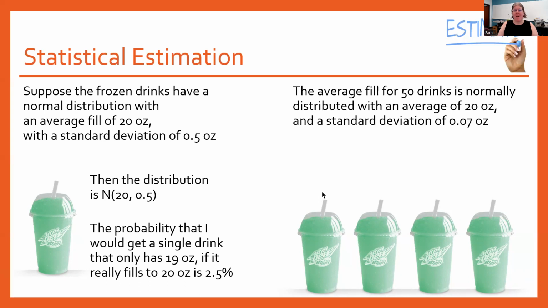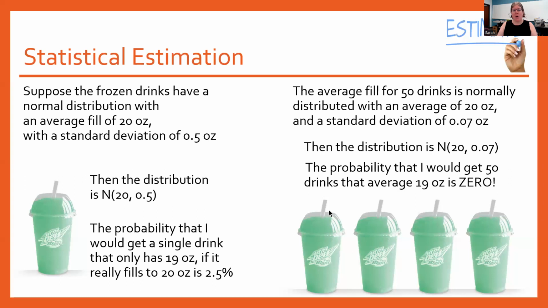But the average fill for 50 drinks is also going to be normally distributed, still has an average of 20 ounces, but now that standard deviation is a lot smaller. So now we have a standard deviation of 0.07 ounces. So now if I consider that those 50 drinks average to the 19 ounces as a whole, the probability that I would get 50 drinks that averaged to that 19-ounce underfill, that probability is 0.